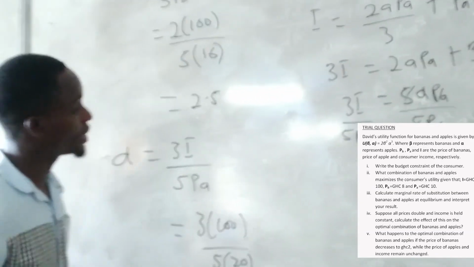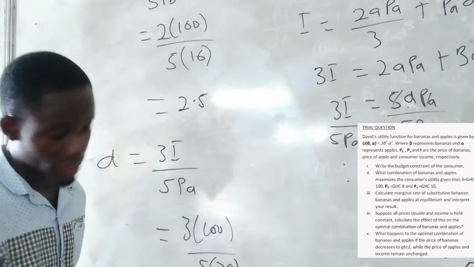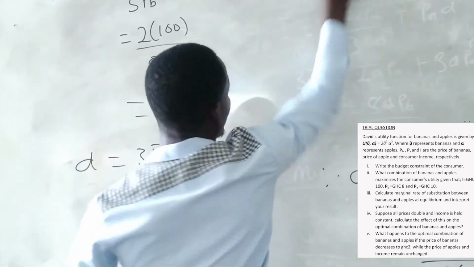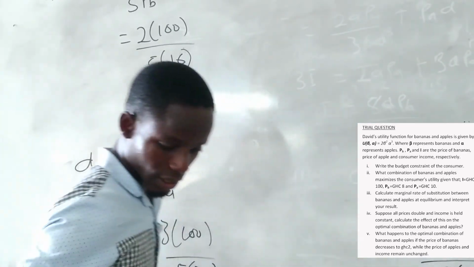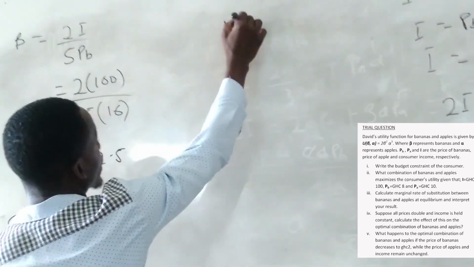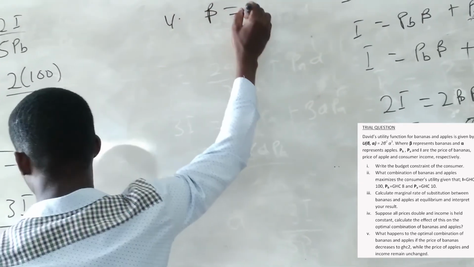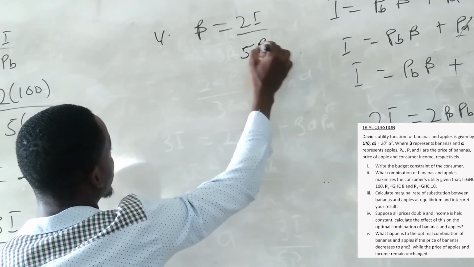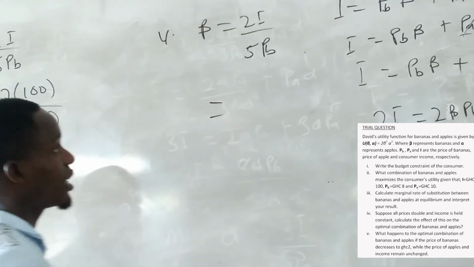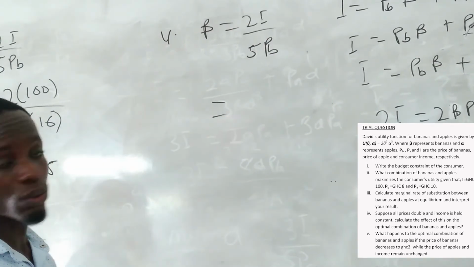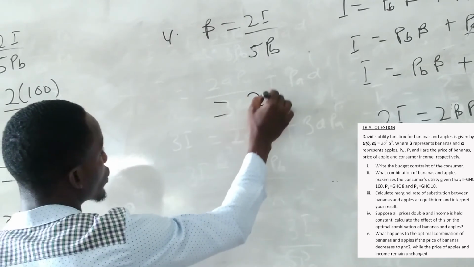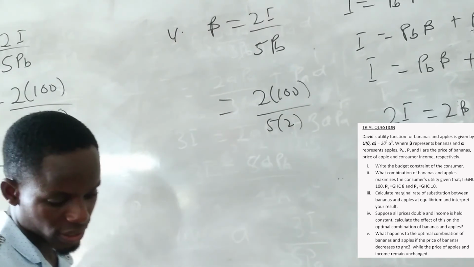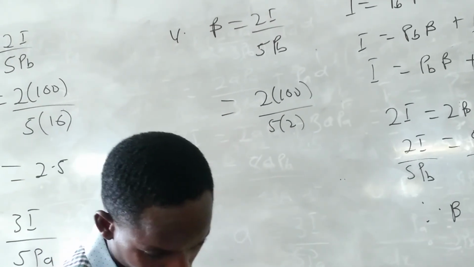So V, my beta is still 2 income over 5 price of what? Price of beta. Now they say if the price of beta decreases to 2, what will happen? The income is still the same. So 2 bracket 300 Ghana cedis all over 5 times 2.